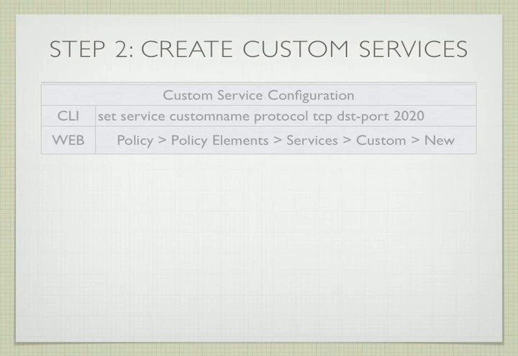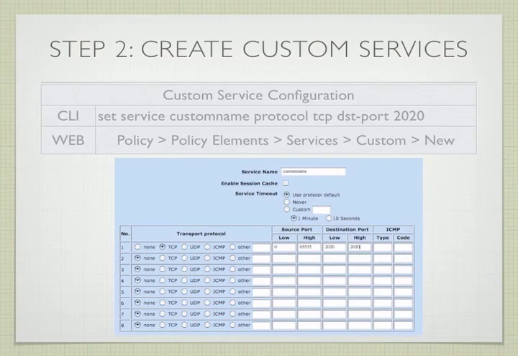In the web interface, this is also under Policy Elements, Services. You go to the custom and create a new one, and you can see that your new service can be filled out in here. The single service can have multiple ports associated with it.